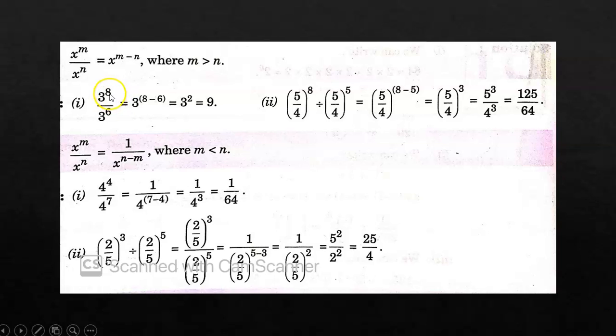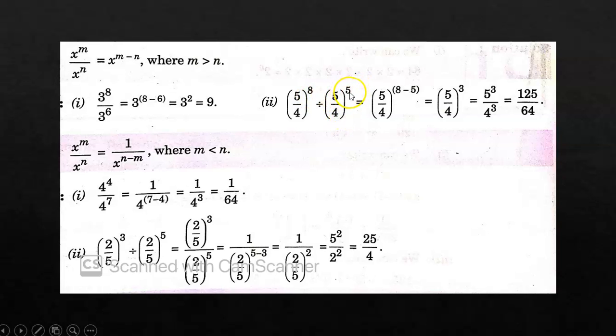So what will happen? See, example 3 raised to 8 upon 3 raised to 6. So 8 is greater than 6, that is m is greater than n. So I will be left with 3 raised to 8 minus 6, which is 3 raised to 2. The answer is 9. Another example, 5 upon 4 the whole raised to 8 divided by 5 upon 4 the whole raised to 5.